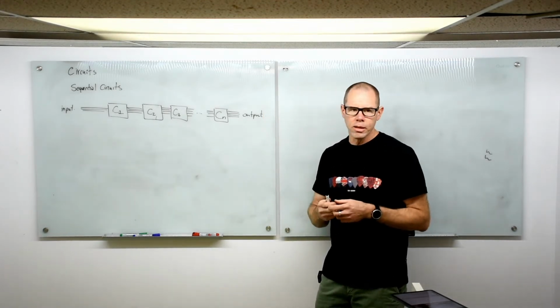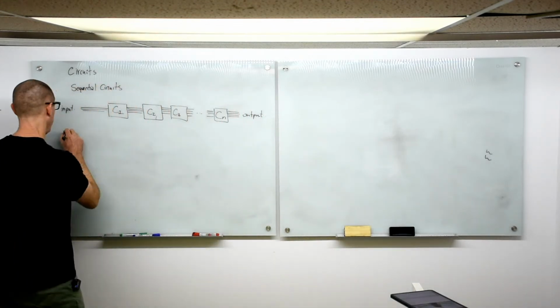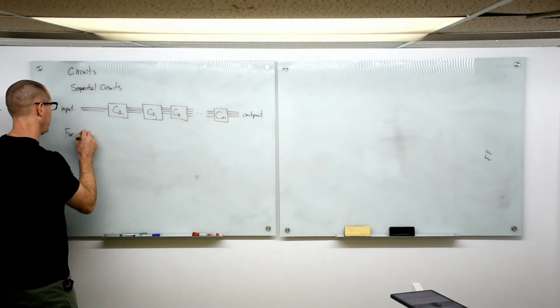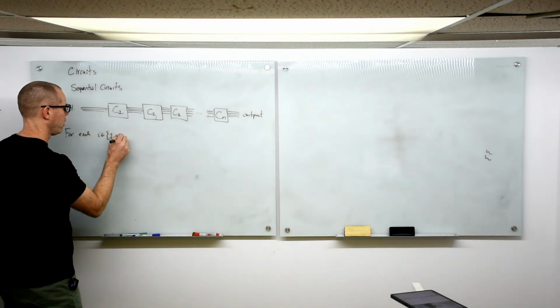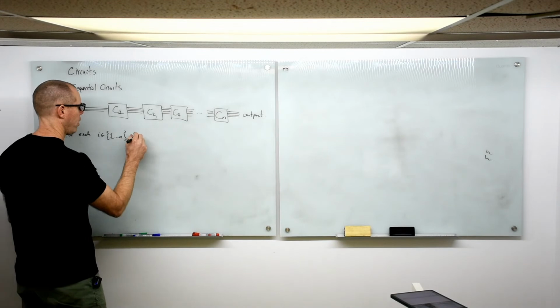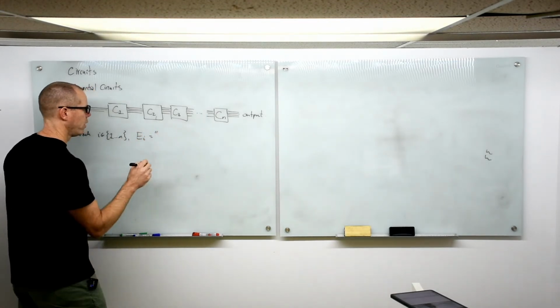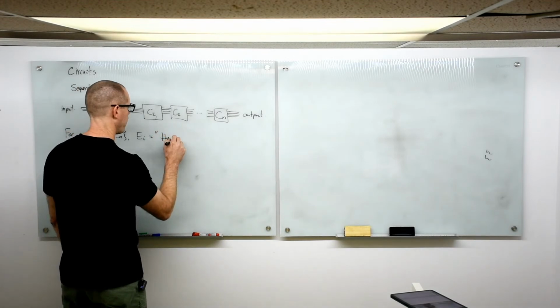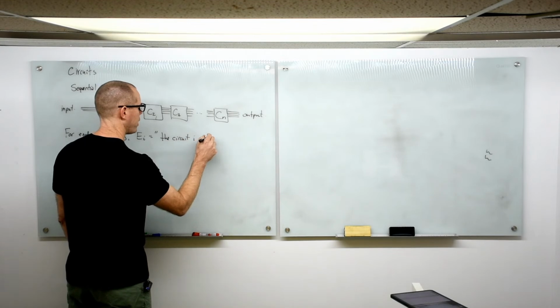If you think about this probabilistically, you can say, for each i in 1 to n, Ei is the event that circuit i works correctly.